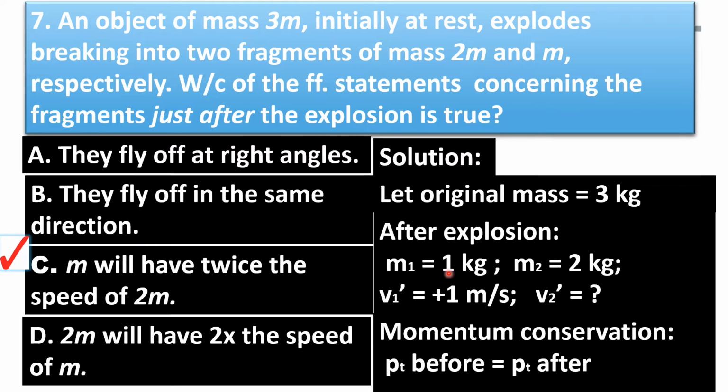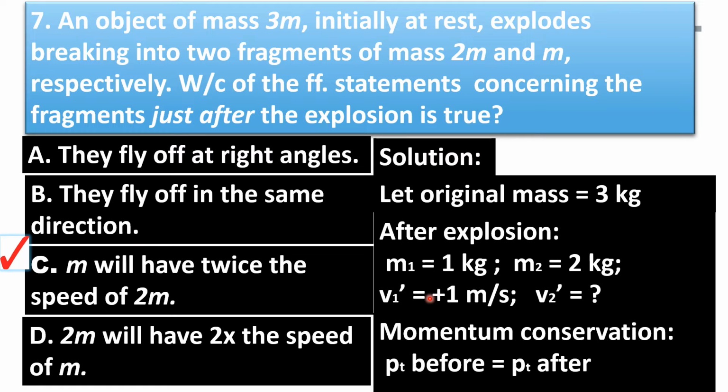M1 is 1 kilogram, M2 is 2 kilograms. For simplicity, we will assume that the smaller mass will acquire a velocity equal to positive 1 meter per second. v1 prime here denotes the velocity after the explosion.